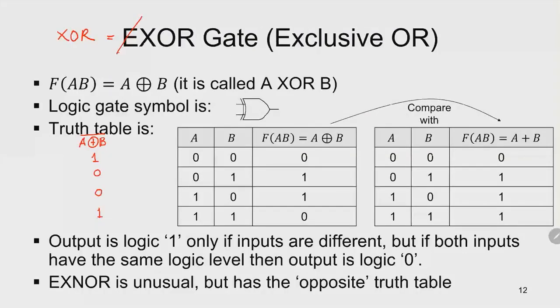Okay, so that covers all the gates that you need to know in digital electronics. That is the foundation or building block of your combinational logic. So this is the base, and you need to know the truth tables of all these individual gates.